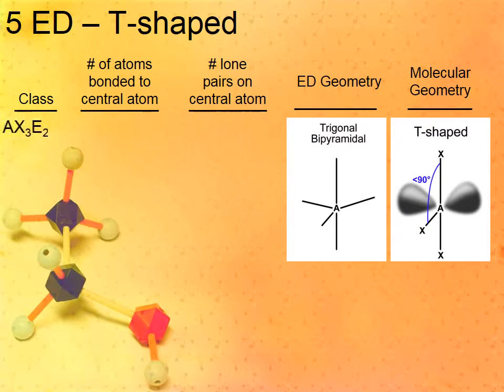The structure that has 3 atoms at the central atom is now known as T-shaped, and it has 2 lone pairs at the equatorial plane, causing the bonding pairs between the x and y axis to be at an angle that is a little bit less than 90.